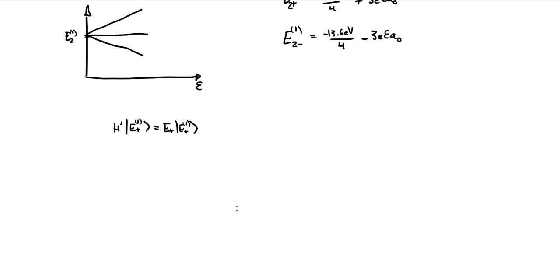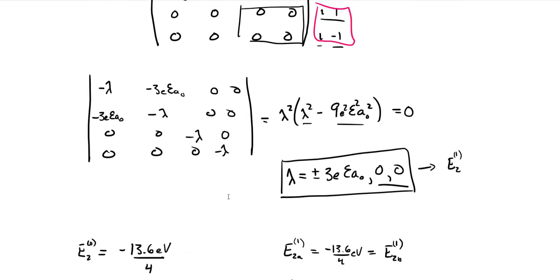So if we look at this, in that subspace, this is that 0 for the plus 1. This is going to be plus 3 E epsilon a naught, 3 E epsilon a naught, 0, times some A, B, is going to be equal to that E plus A, B. We have that eigenvalue equation where these are the A plus, B plus.